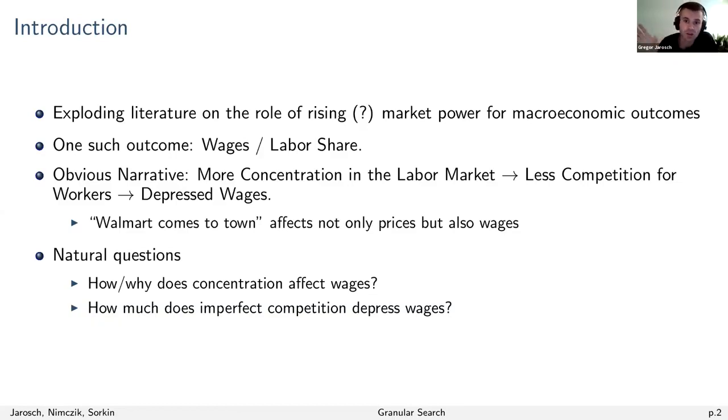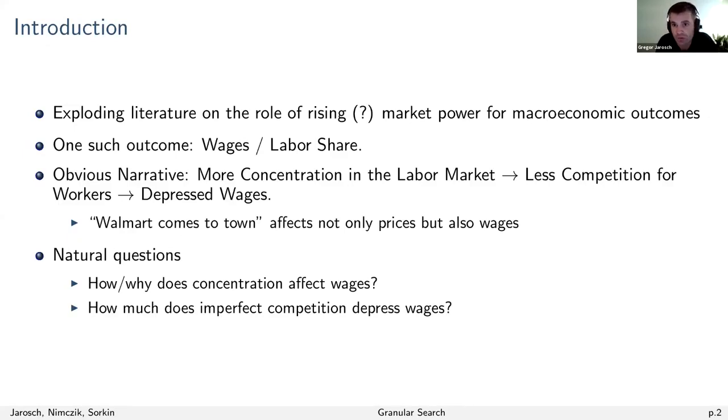Now, that literature for a long time was primarily concerned with product market outcomes, as is antitrust historically, really just looking at consumer outcomes. But more recently, people have observed that, of course, if there's less and less competition among big firms, that might also have consequences for input prices.